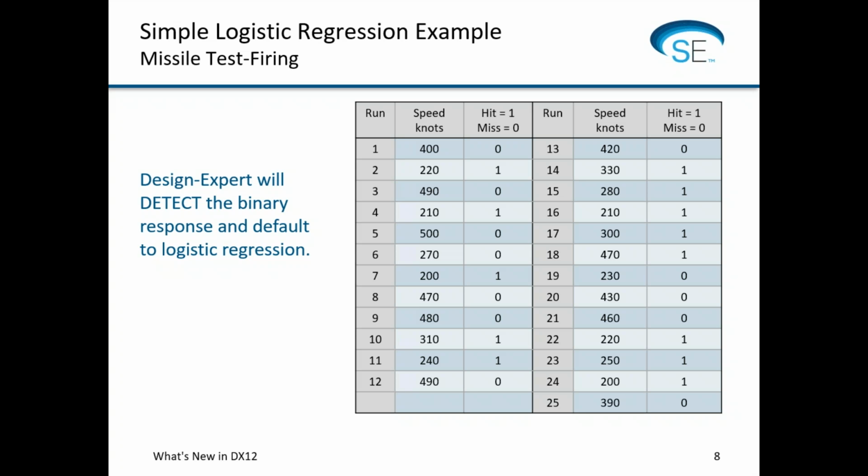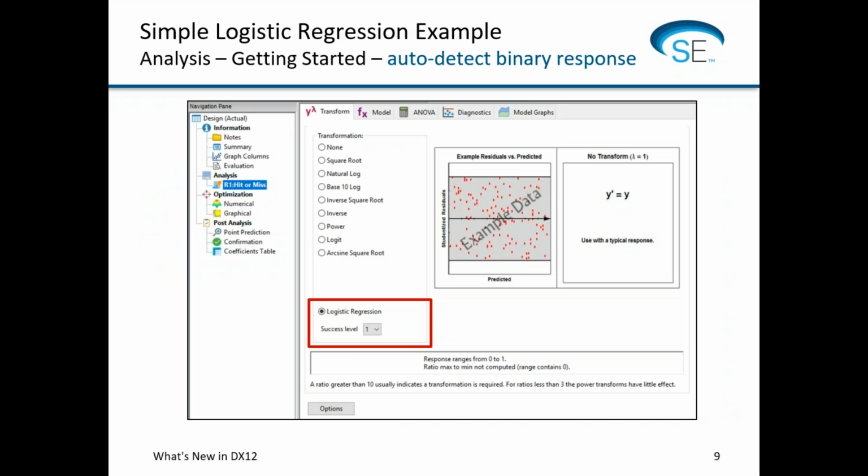The nice thing about Design Expert is it is going to automatically detect the binary response and default to logistic regression. It will actually detect, here we have 1s and 0s. If you have a 5 and a 10, it will also detect that, any binary response.